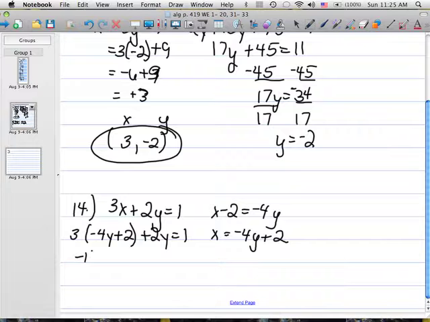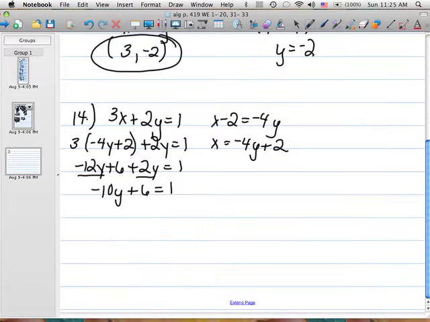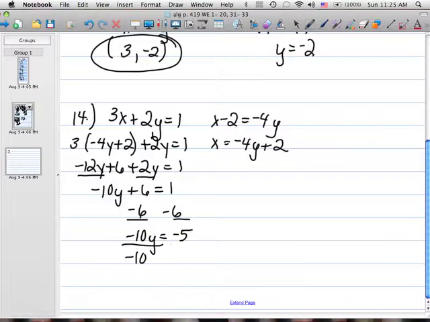Distributive property gives me negative 12y plus 6 plus 2y equals 11. Collecting like terms, I get negative 10y plus 6 equals 11. Solving for y, subtract 6 from both sides, I get negative 10y equals 5. Divide by negative 10, and y is 1/2.